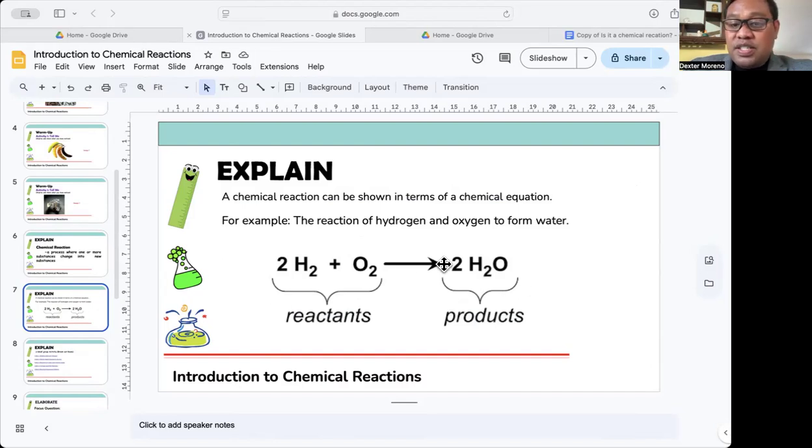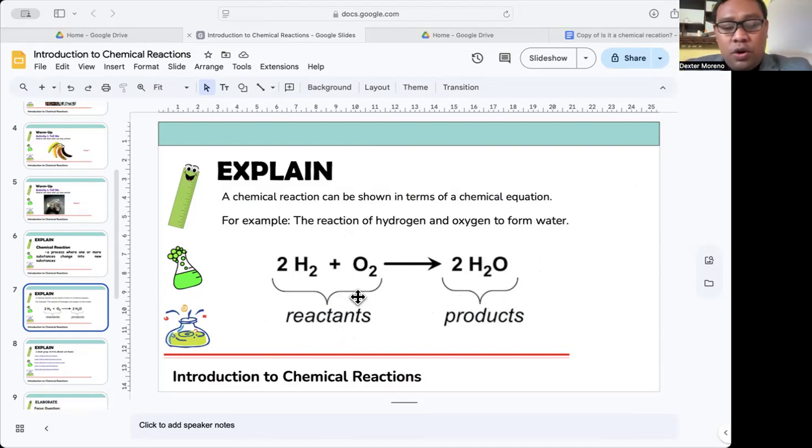And if you notice, there are symbols like the plus sign and the arrow sign, okay? So on the left, there are two reacting elements, and these are what we call the reactants. And after the arrow, there's a compound formed, which is another substance, and that is what we call a product. So in every chemical reaction, there are always reactants and products.